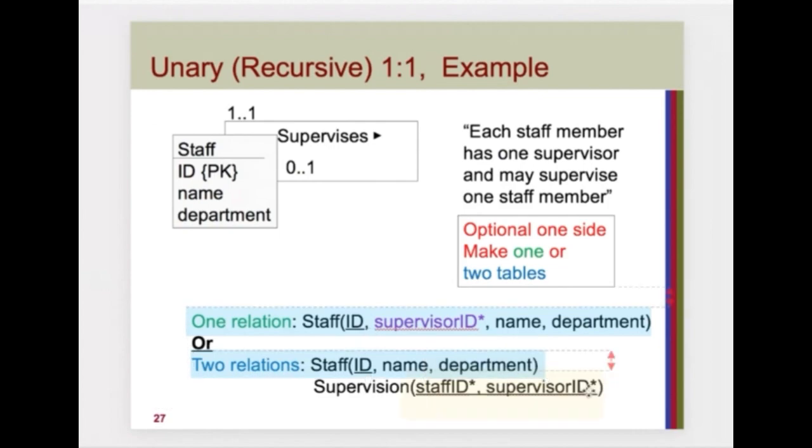This shows the second relation. If we make one relation, of course we can keep its name as staff, and the attributes were ID, name, and department. So you see here ID, department, and name as well.